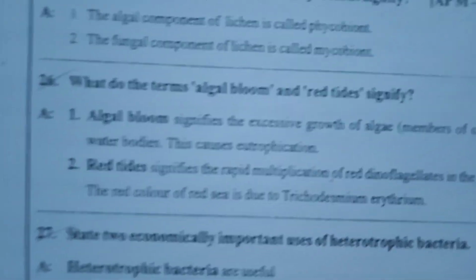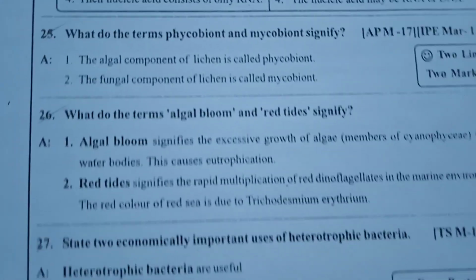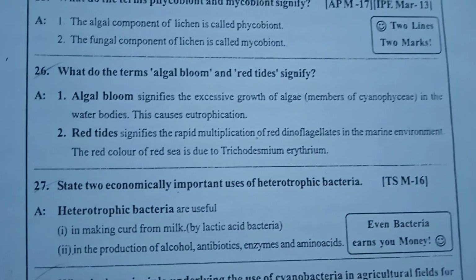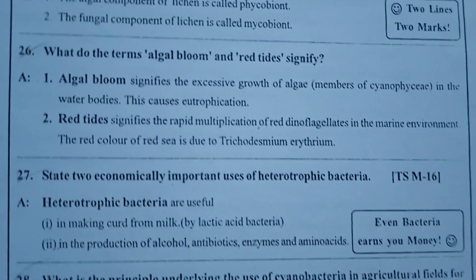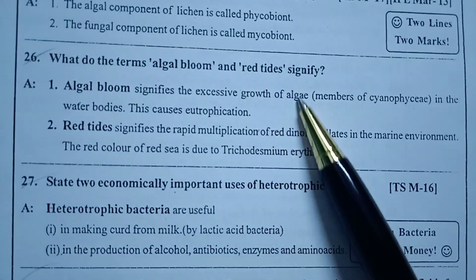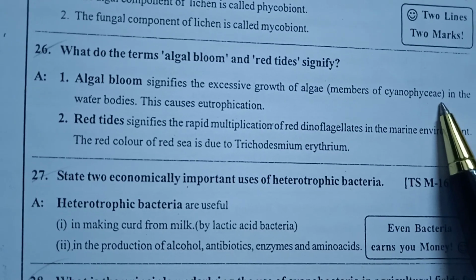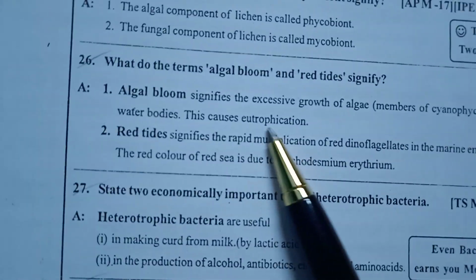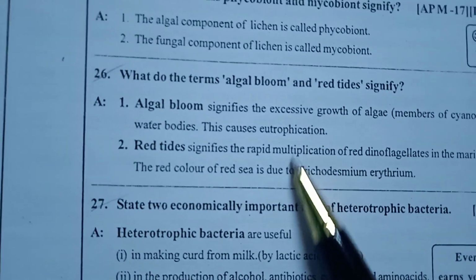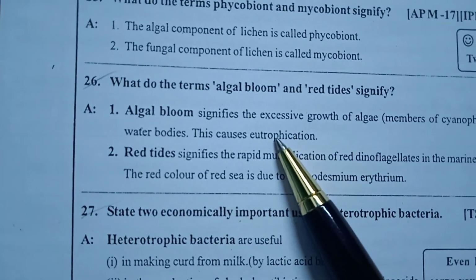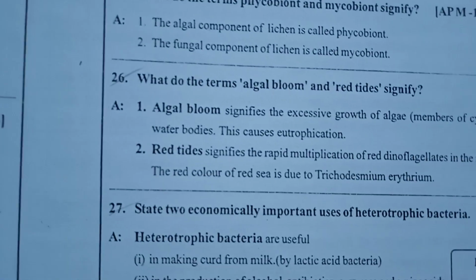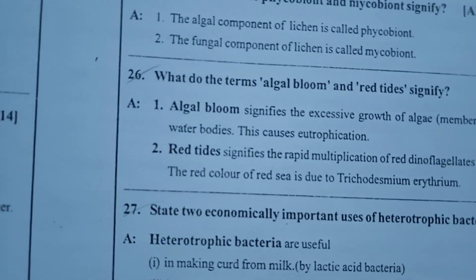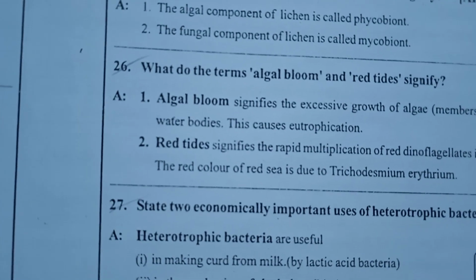What do the terms algal bloom and red tides signify? Algal bloom signifies the excessive growth of algae, members of Cyanophyceae, in the water bodies. This causes eutrophication. First, we have to know what is meant by eutrophication. Eutrophication means excessive nutrients like nitrogen and phosphorus.